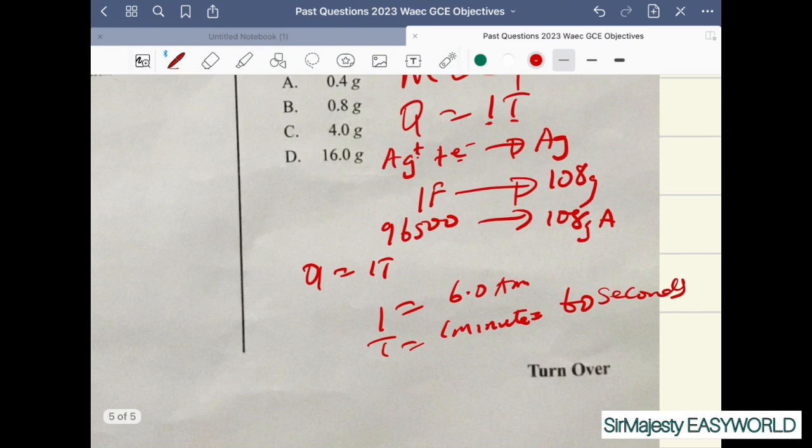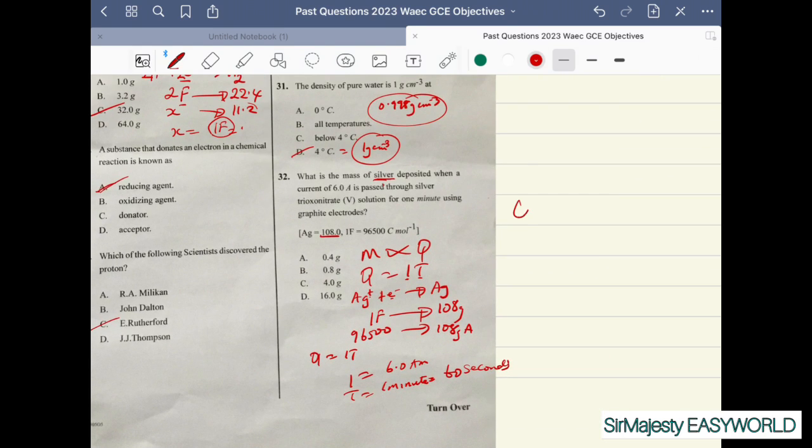Therefore, quantity supplied is equal to 6 times 60, and 6 times 60 should give you 360. The quantity provided is going to be 360 coulombs of electricity. Because 6 times 6 is 36, I'm correct.